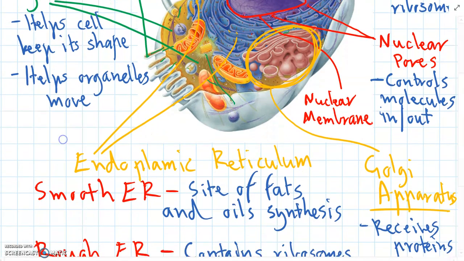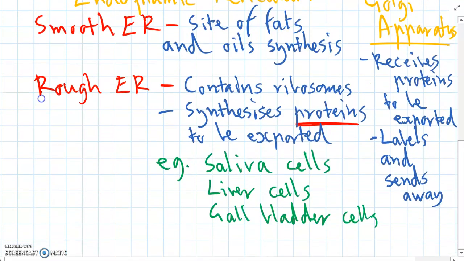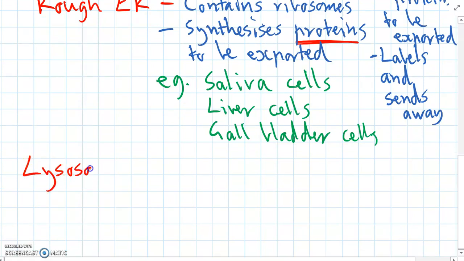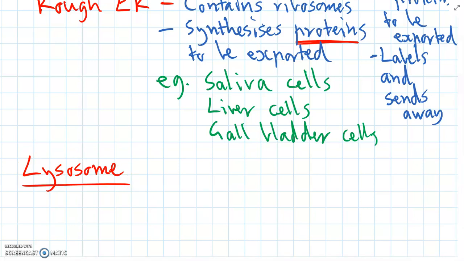And lastly, in animal cells in particular, we can see these small vesicles here. And animal cells have another type of vesicle, which is called a lysosome. And lysosomes, they're like the rubbish bin of the cell.